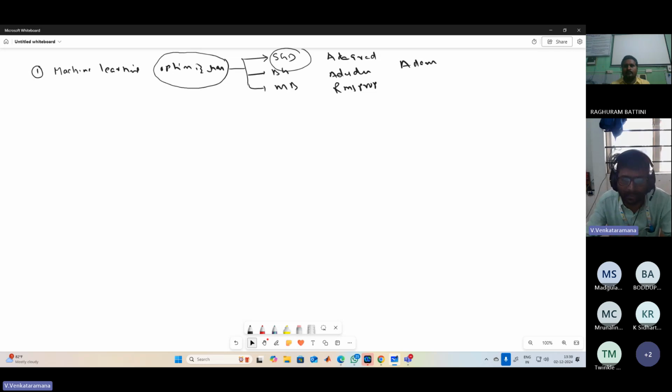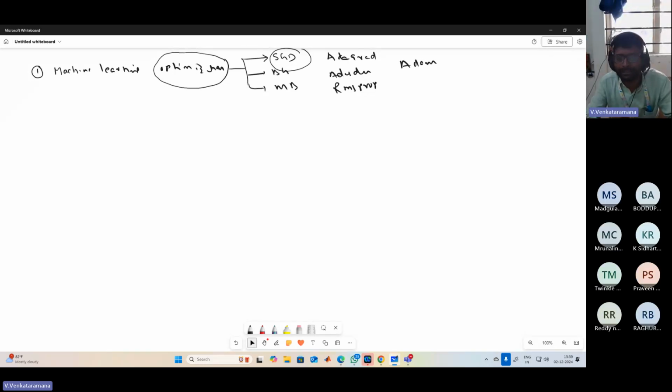We were mainly focusing on optimization only at that time, so we considered only a simple linear regression model to explain all these optimization methods.